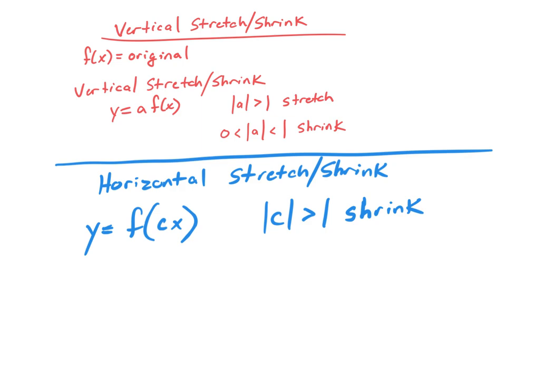We're going to shrink it. A horizontal shrink would be the same as a vertical stretch. Those two go together. Because if I stretch it vertically, okay, then that's the same as the other.